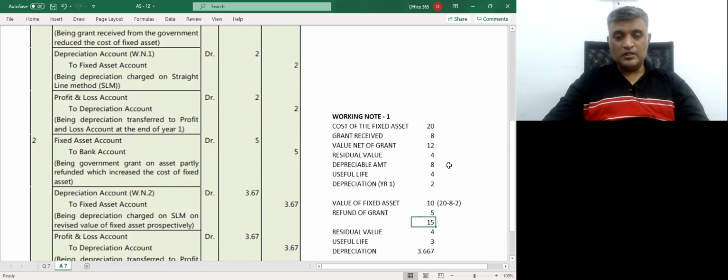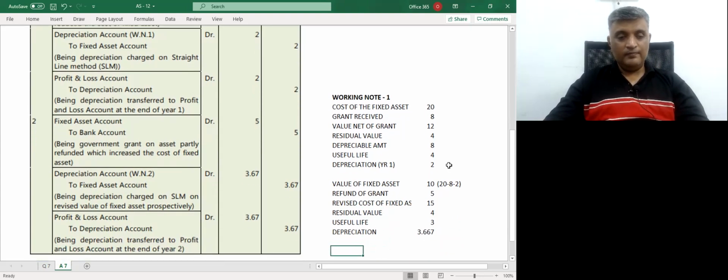The revised cost is 15 lakhs. This is the revised cost of the fixed asset. From that, if I reduce the residual value of 4, that will be 11. So 11 by 3 will give you 3.667. So this is the depreciation charge for year 2.